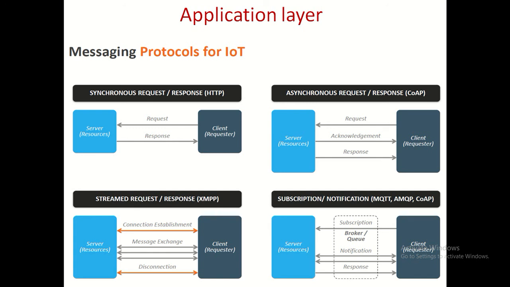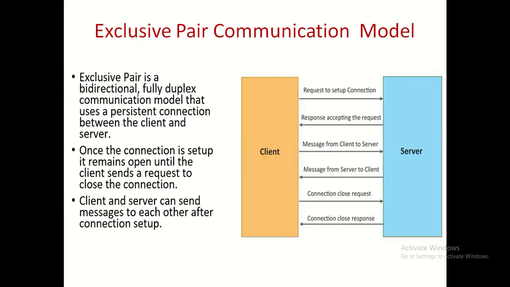Anyhow, our focus is on full duplex communication between the client and server. So in short, this is what we call an exclusive pair communication model. As I already mentioned, this is bidirectional, full duplex communication, where a client sends a request to the server.